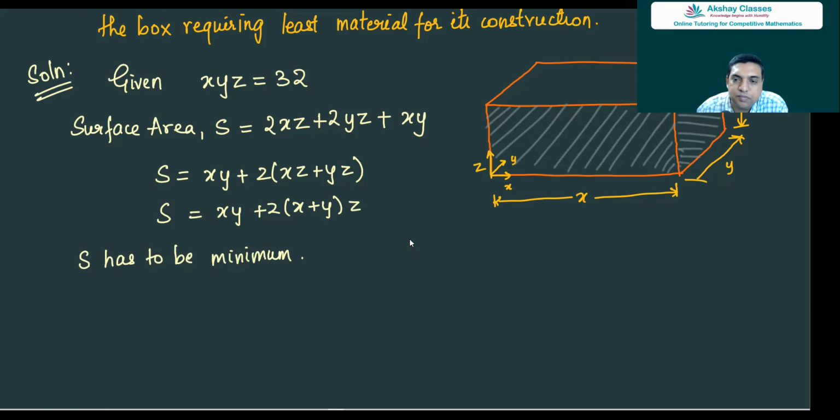So we'll treat this as a function. Now, what we have to do, there's a function of 3 variables. We have to convert it to a function of 2 variables. So S is f of x comma y, which is xy plus 2 times x plus y into z, where z is 32 upon xy.